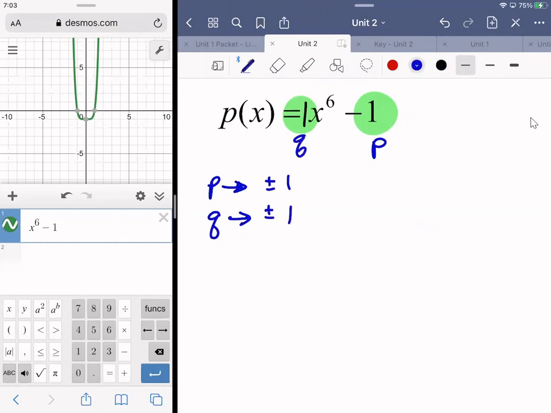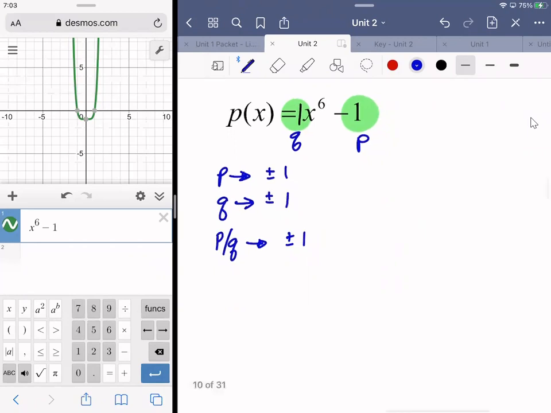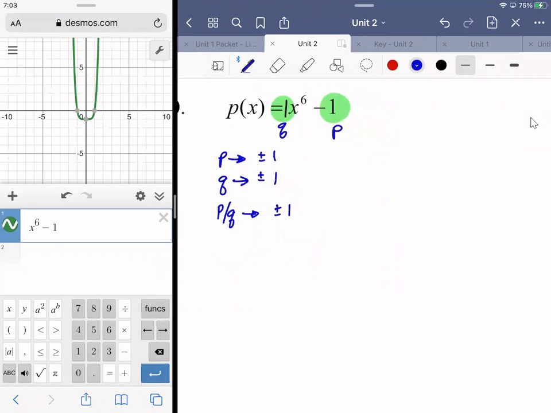So P over Q can only be these two possibilities, right? Plus or minus 1 divided by plus or minus 1, which is going to be plus or minus 1. So we only have two possibilities to work in synthetic division. That's good news, I suppose. But we're also looking at something that's a power of 6, so that's terrifying. So let's see how this plays out.